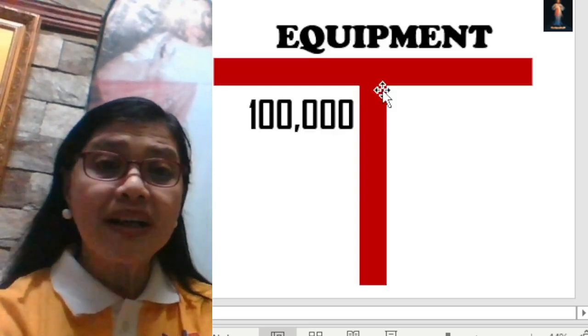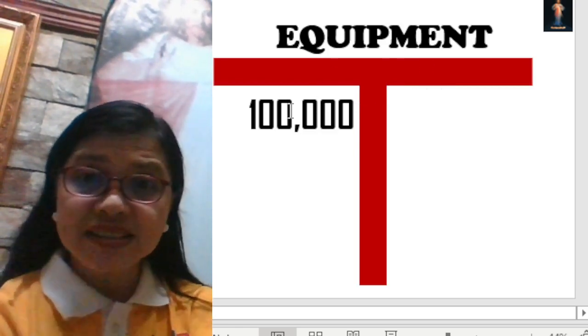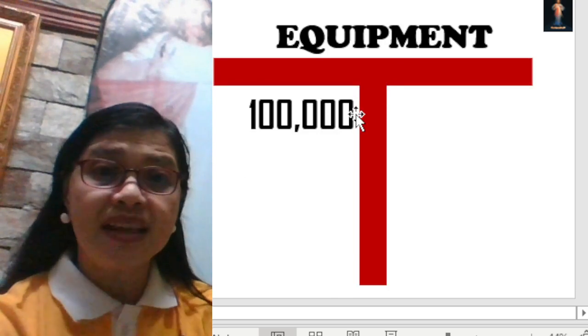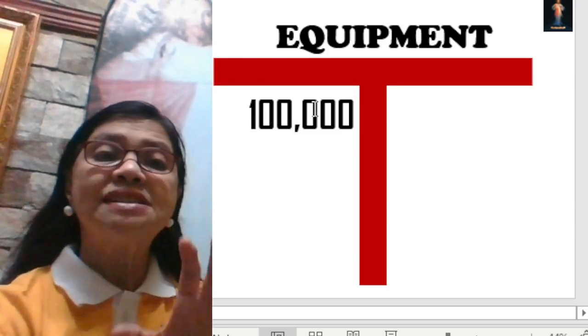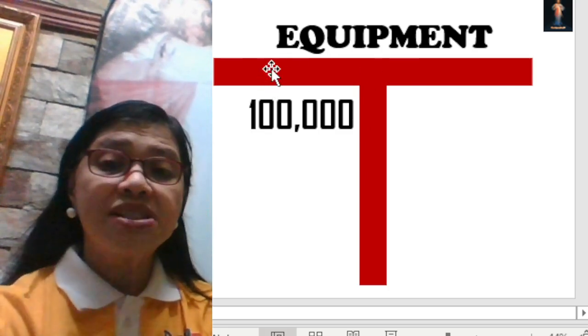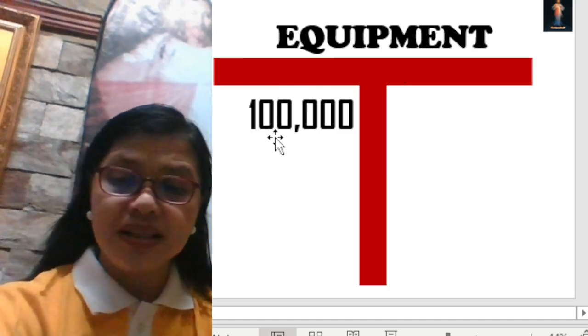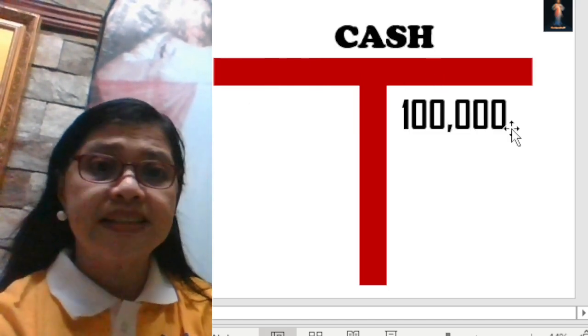Okay, when you prepare a T account for that, you debit equipment. See equipment here, and you debited it by 100,000. Why did you debit it? Because you received an asset in the form of equipment, which has a normal debit balance. And then why did you put cash on the credit side?